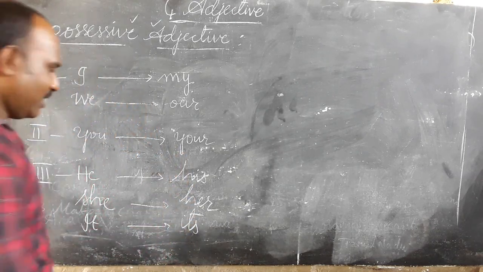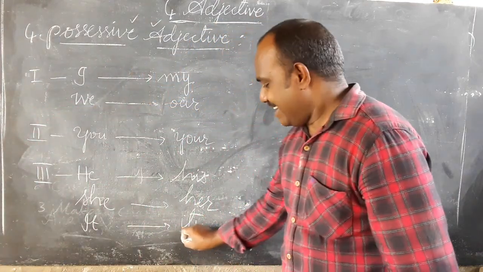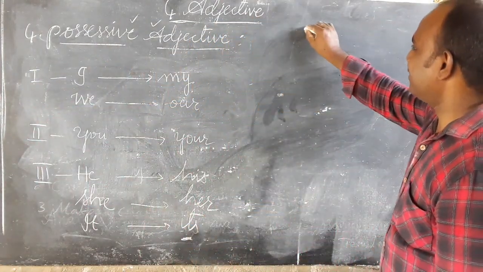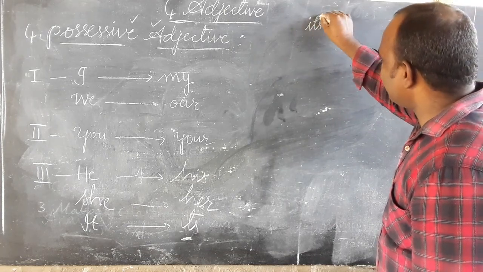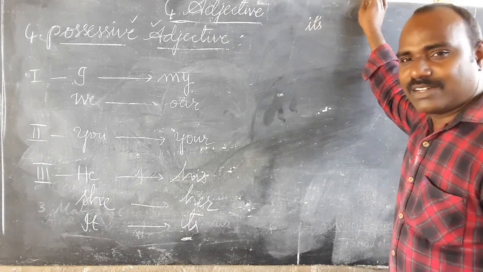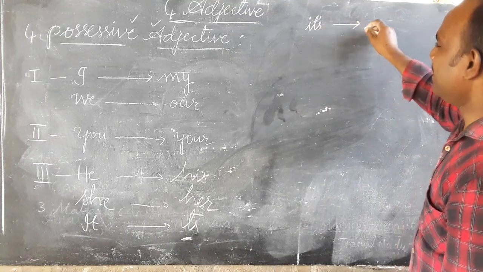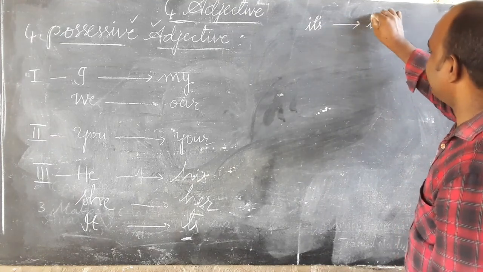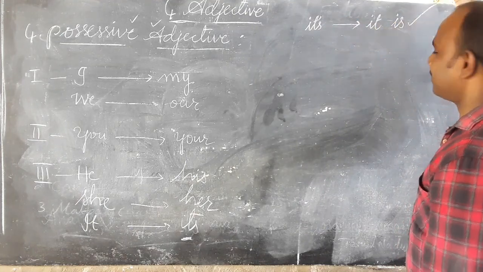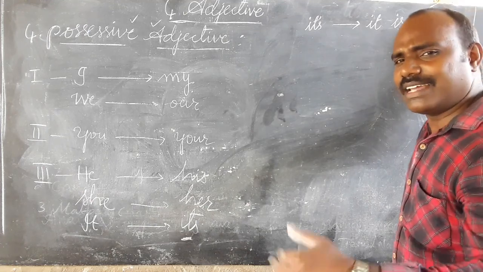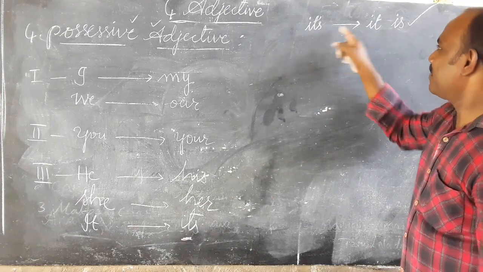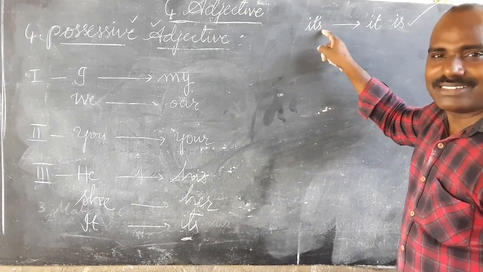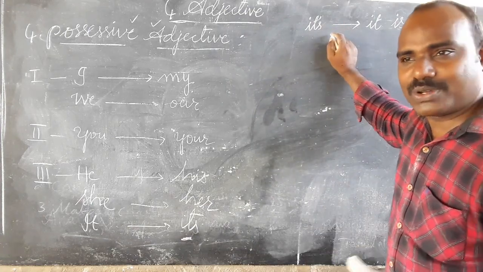its. See, while you write it, its, you should not put apostrophe here. If you put apostrophe, it becomes the full form, it is. That is another sense. It's is the contracted form or short form.